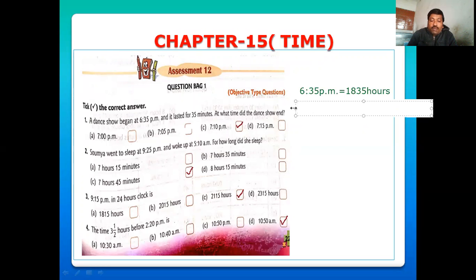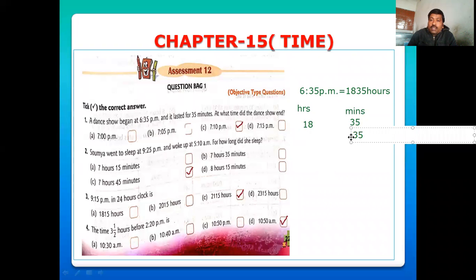So we will create two columns, hours and minutes. Here we write 18 hours and 35 minutes. When we add 35 minutes to it, we get 70 minutes.